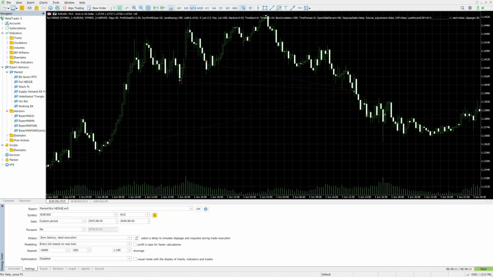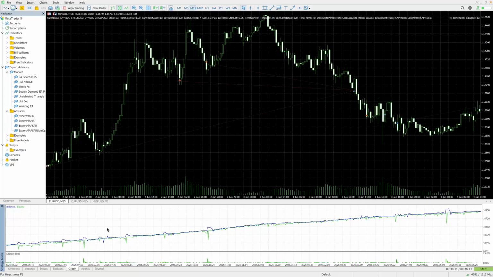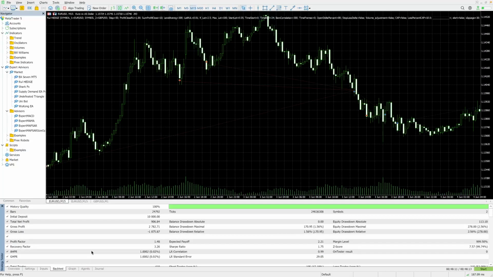And looking at this, it showed a nice steady upward equity curve. We have here, it starts flat, then climbs steadily. You can see we had some minor dips around there, but at the end of the day, it was in an uptrend. It recovered quickly, and it ended with a 906 US dollar net profit.